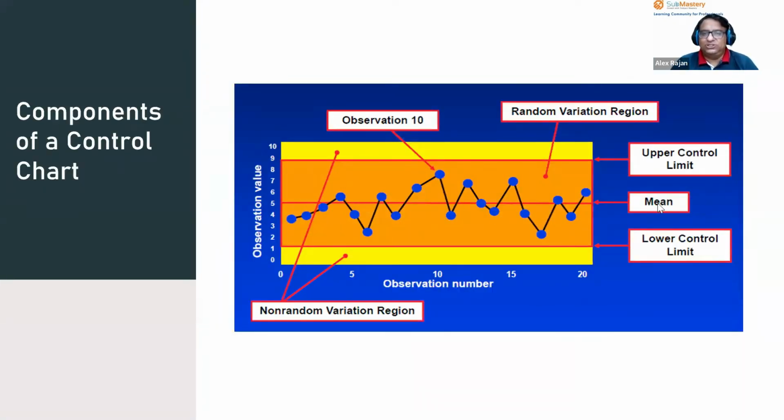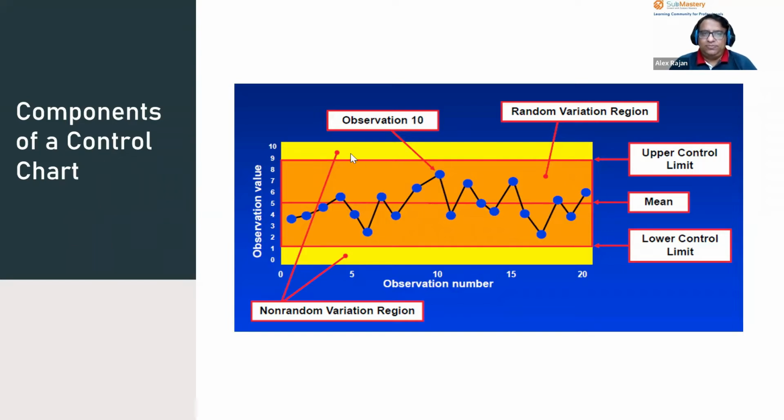So when we see the control charts, there are the mean values, and the upper control limits and the lower control limits are automatically calculated using certain equations. Where we can see the data within the upper control limit and lower control limit without any trends or patterns, we say there are random variations in this process.